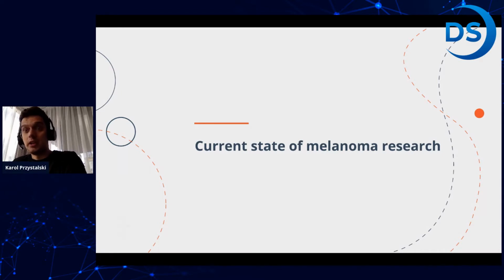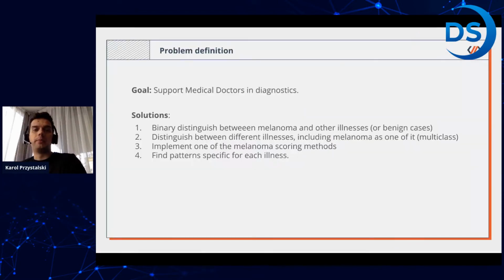Now it's changed, and the way the researchers think has changed a bit, because the goal is not to replace the doctors or replace the diagnosis with an AI. It's more about supporting the medical doctors in the diagnosis.